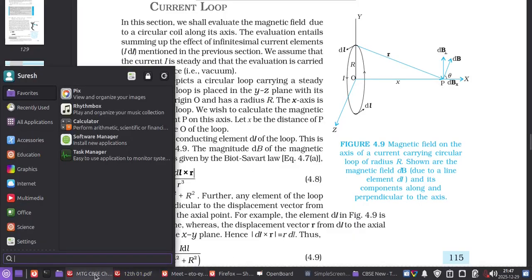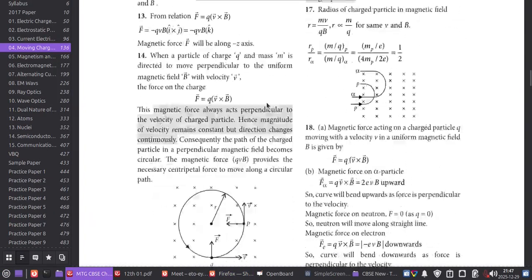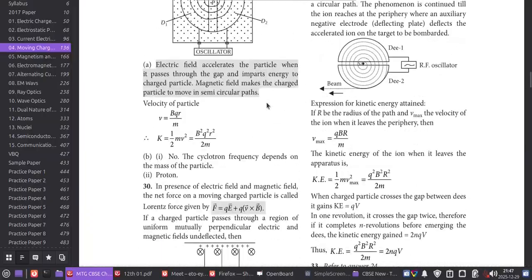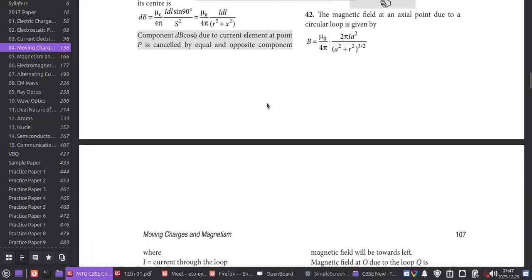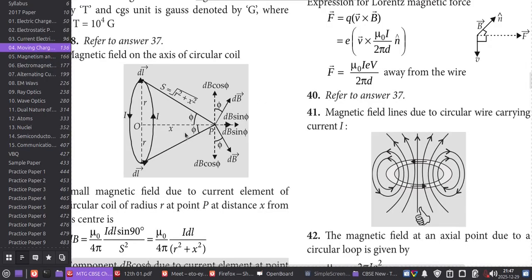I'll show the MTG textbook. If you see the MTG textbook, or SLR or whatever it may be, they go for a different notation. You just see, they go for phi instead of theta. That is the only difference here.